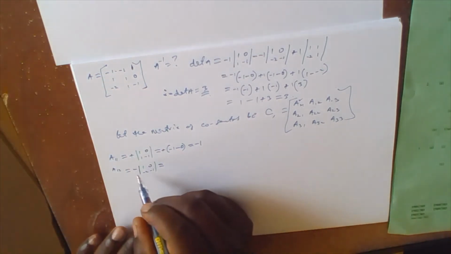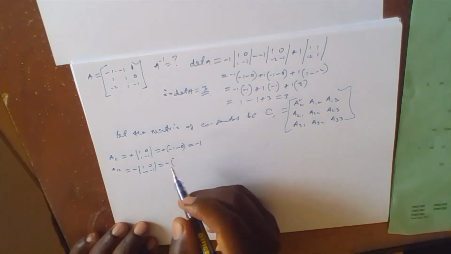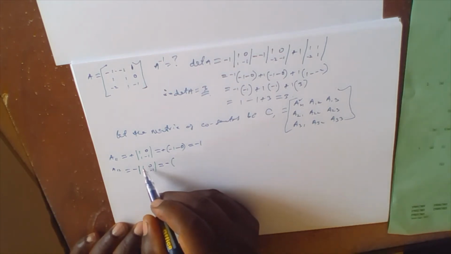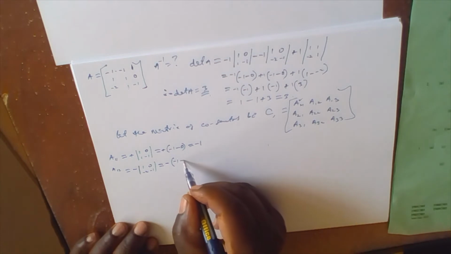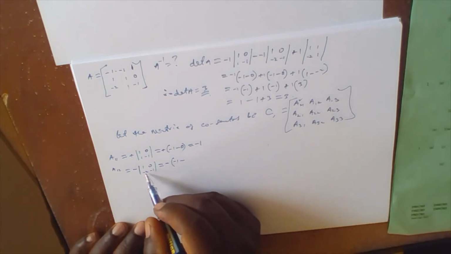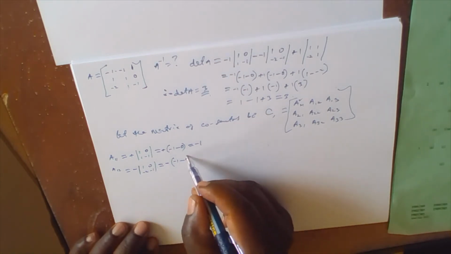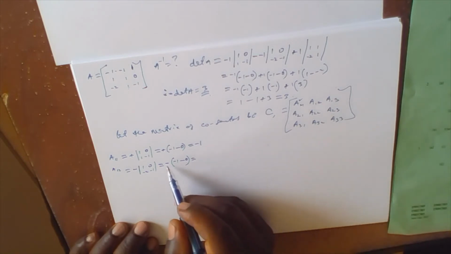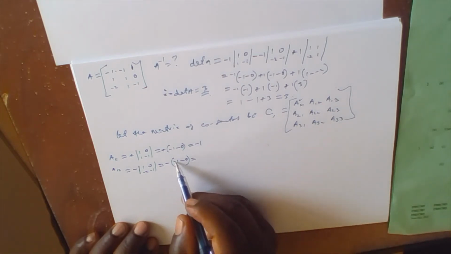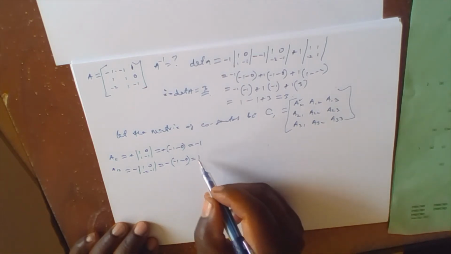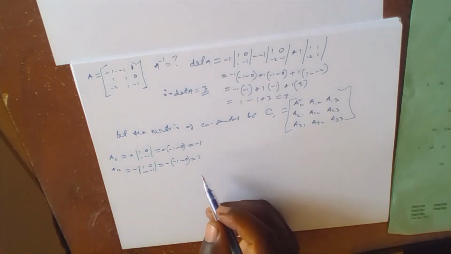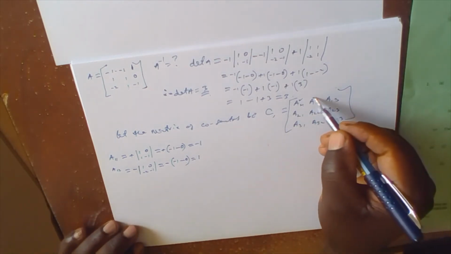This equals, the place sign is minus into negative 1 times 1, we have negative 1, minus negative 2 times 0, we have 0. So this equals negative and negative with positive, so this will be equal to 1. So we are done with this.